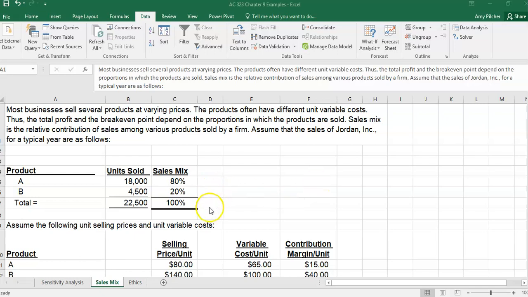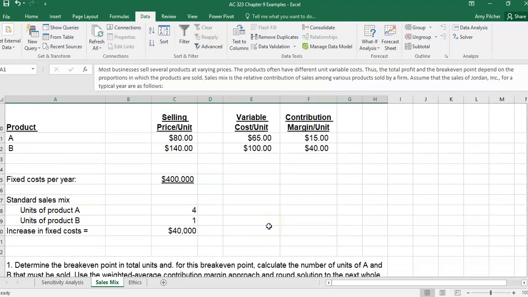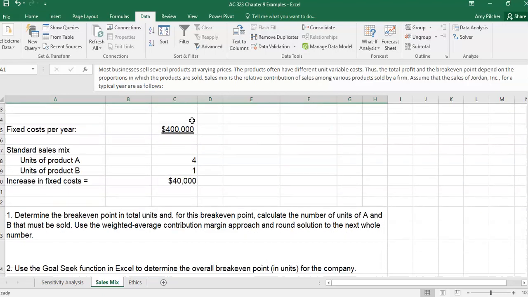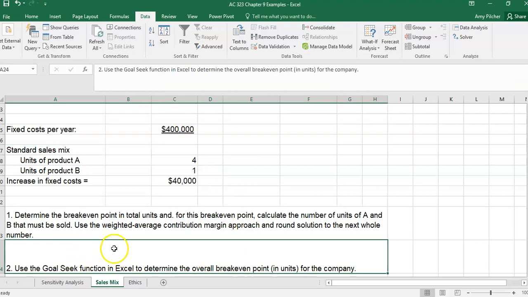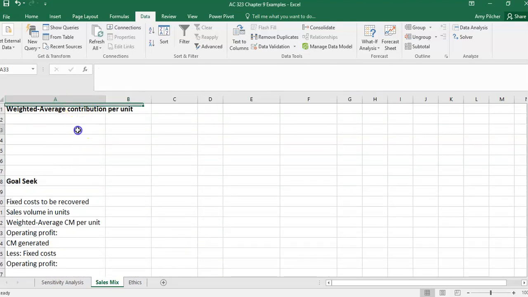What we need to do in order to create a weighted average contribution margin is to take the contribution margin of each product times its percentage in the sales mix. So to determine what our contribution margin is, we need our weighted average contribution margin per unit.